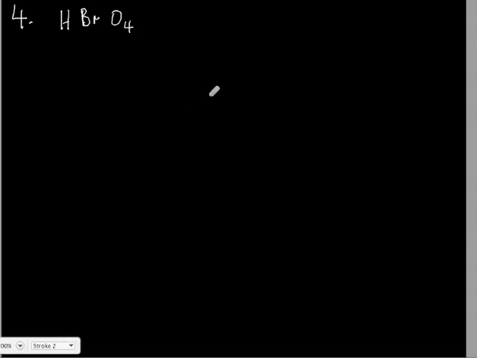So put bromine in the middle, and H is actually attached to the oxygen, so that's the situation there, and 3 other oxygens are attached to the bromine. Now we have 7 electrons, 1 electron, and 24 here, 32 electrons altogether.